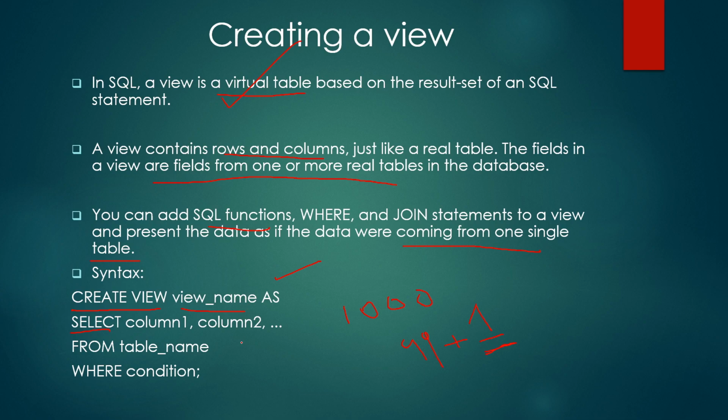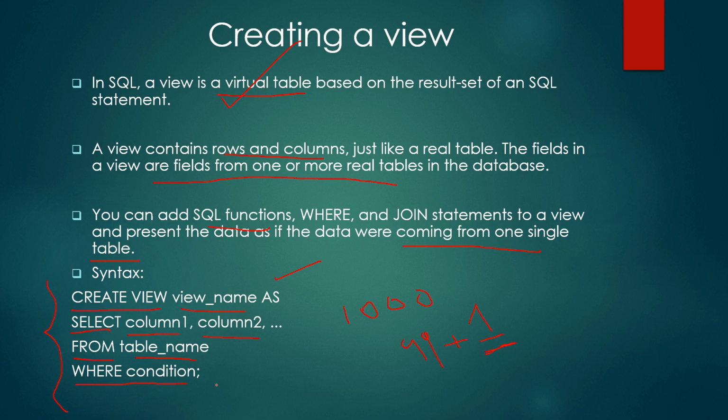If you want columns from different tables to be present inside a single virtual table, you can do that. Here I'm just selecting the columns I want from this table name. We can have one or more tables as well, but for now I have just written from table name. And then if you want to add any condition, you can using the where clause. So this is how the syntax looks.